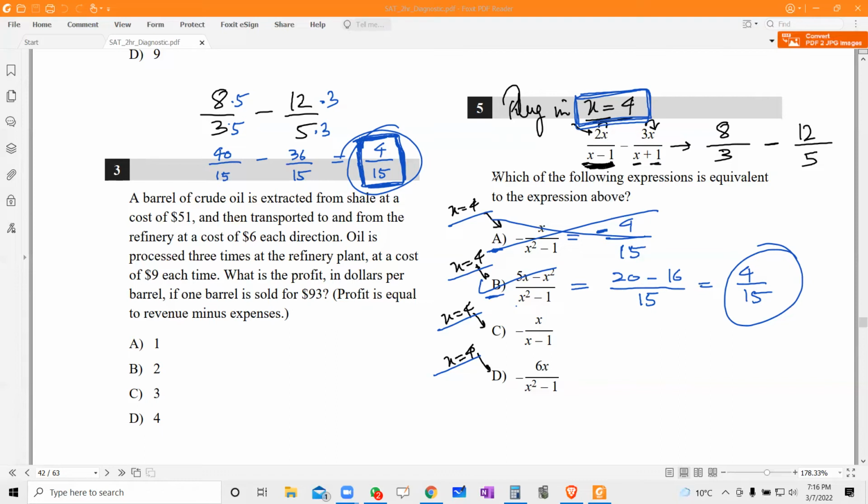We did the left side: 2 times 4 is 8, and below, 4 minus 1 is 3, so 8 over 3, minus 12 over 5. When we solved it, we got 4 over 15.